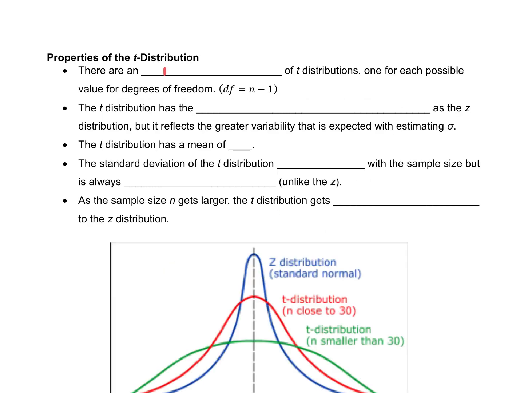So there are an infinite number of T distributions, one for each possible value for degrees of freedom. The T distribution has the symmetric bell shape, same as the Z distribution, but it reflects the greater variability that is expected when you're estimating your sigma value. The T distribution, just like the Z distribution, has a mean of 0.